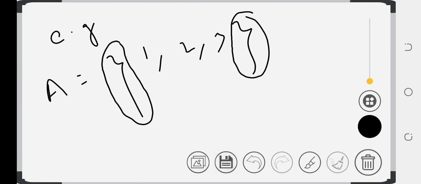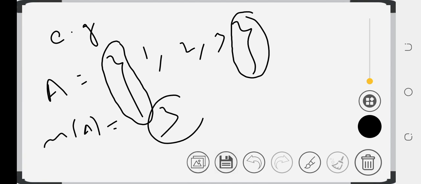Whenever you write a set, it is written in the form of curly brackets. What is the cardinality of this set, or the number of elements in this set? It is 3, and it is finite. If the cardinality of a set is a natural number, we say it is finite.